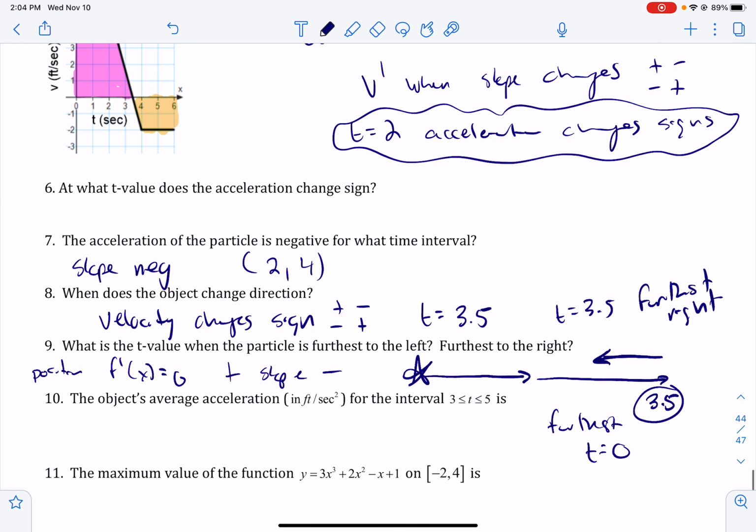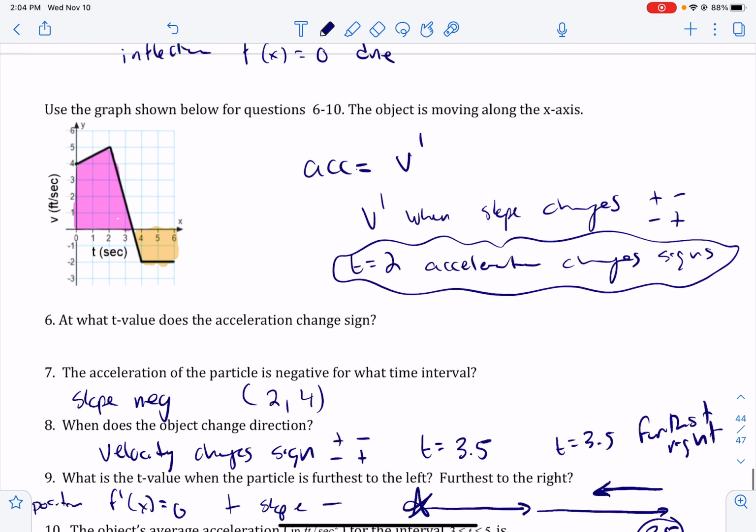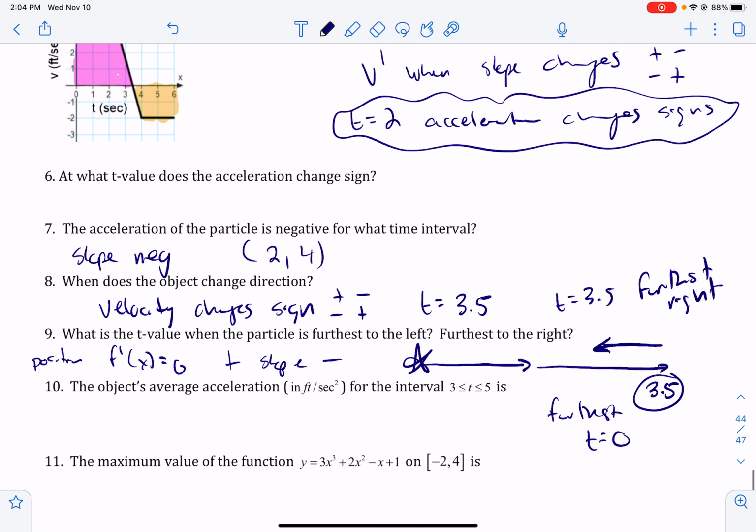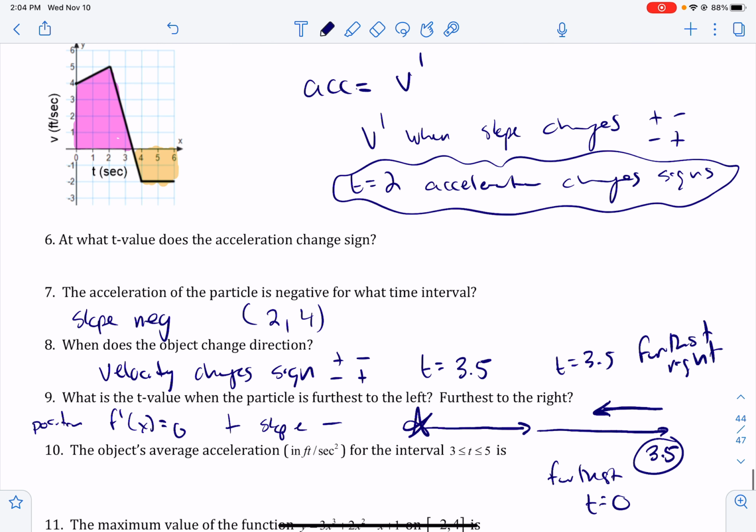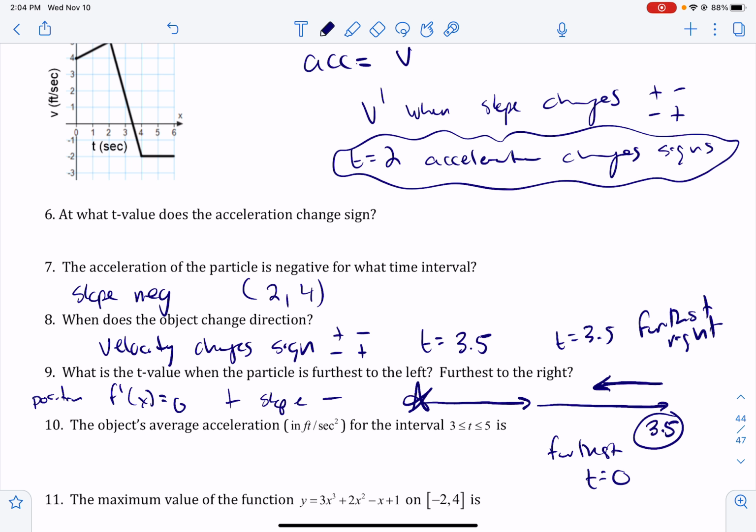Okay, number 10. We are still using the graph up here. The object's average acceleration for the interval from 3 to 5. Ooh, this is a good question. If I'm looking for average anything, we're using our slope formula, which is y2 minus y1 over x2 minus x1.